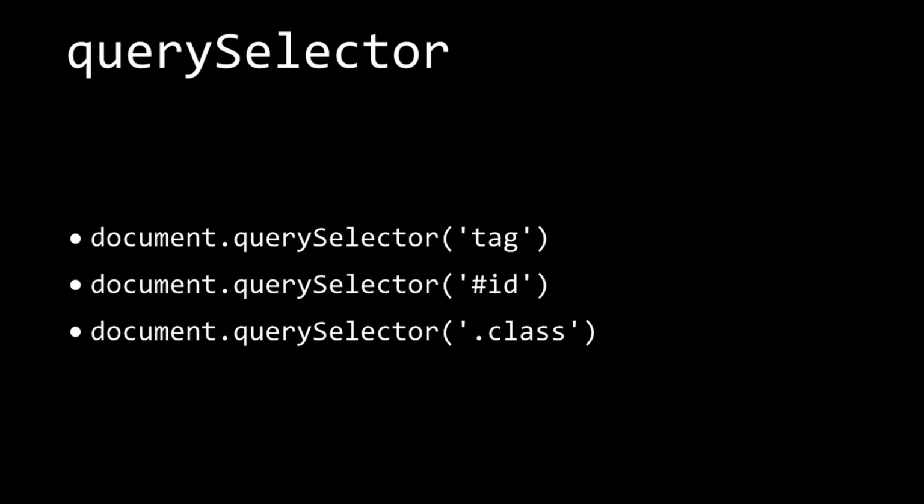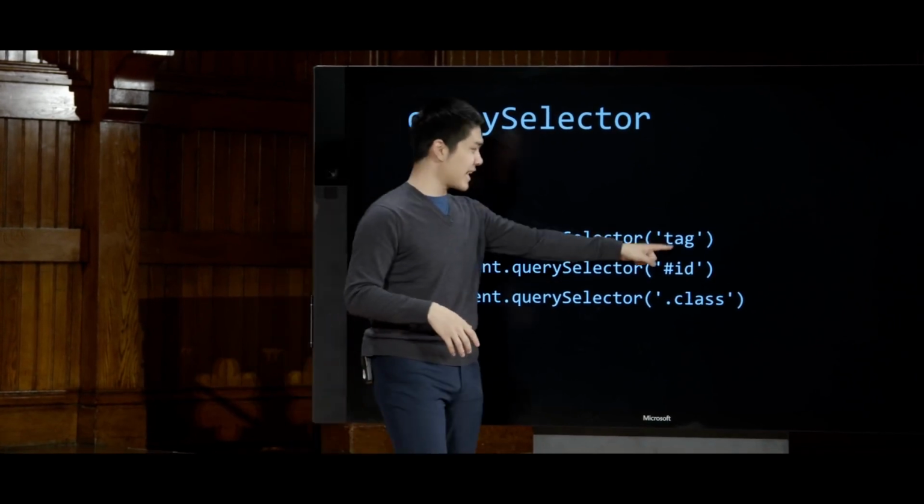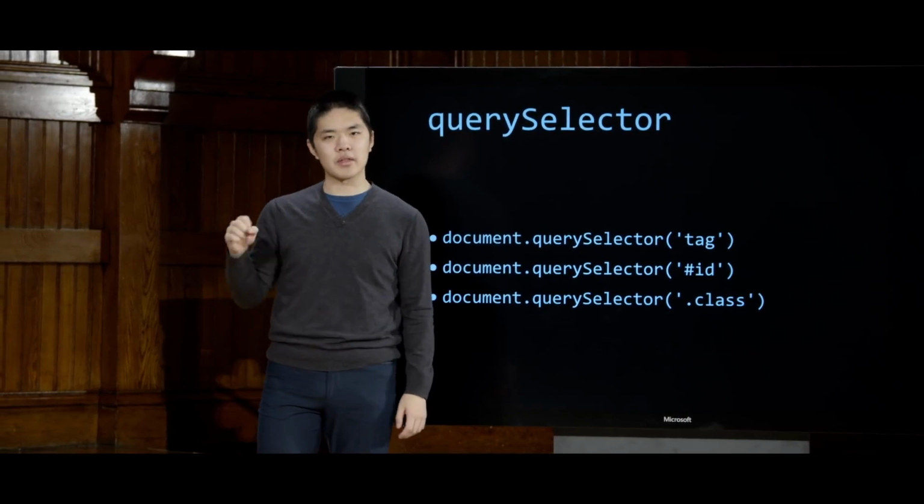So in CSS, if you'll recall, we had the ability to run CSS and just say style all the h1s. Or we could say style all the things with this particular ID or with this particular class. And document.querySelector works the same way, that I can say document.querySelector and pass in a tag to say, get me the h1 element, or get me the button, or get me the form.